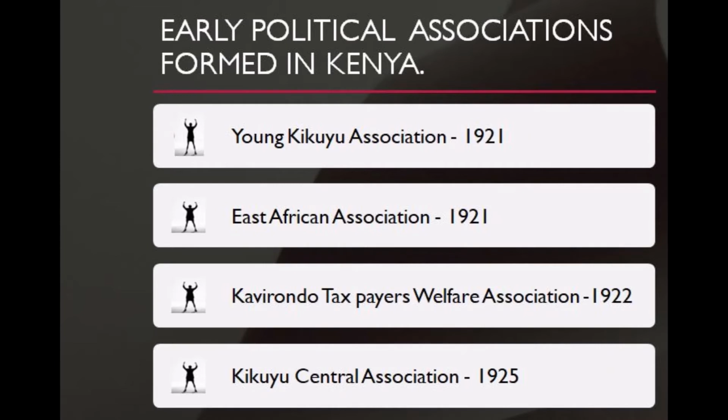Some of the early political associations formed in Kenya included the following. 1. The Young Kikuyu Association, which was formed in 1921, and shortly after that, the East African Association was formed in the same year.